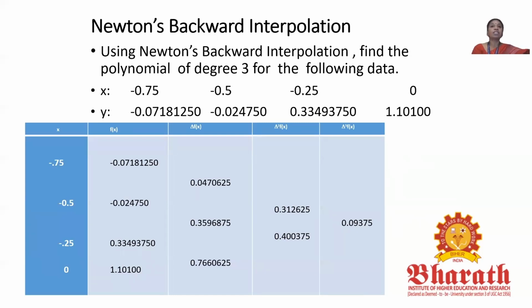Next, we find the first derivative, that is del f of x. Next column, we will find the second order derivative, del square f of x. Then we will be finding the third order derivative, del cube f of x. So we'll be writing the values of x: minus 0.75, minus 0.5, minus 0.25 and 0.